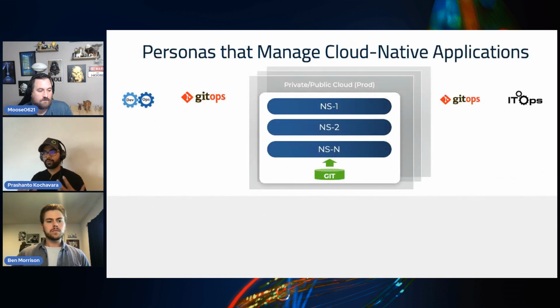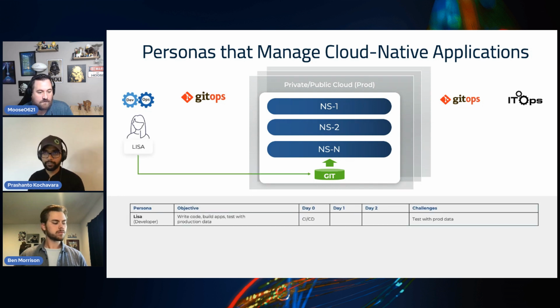Now, I think it becomes very important to understand the different players within the Kubernetes system and how they would be using this solution of Trilio Vault, as well as the GitHub Actions that we have developed as part of it. So on the extreme left, we can think of the persona of Lisa.